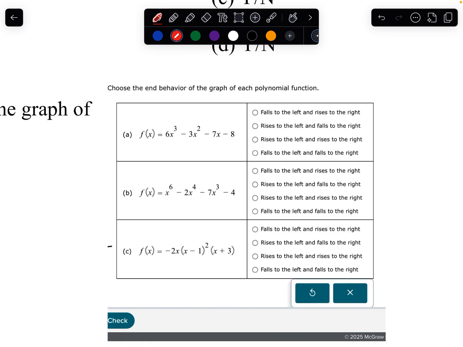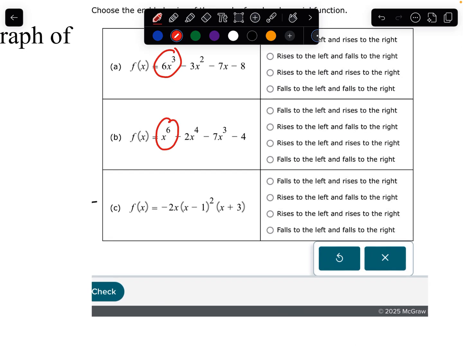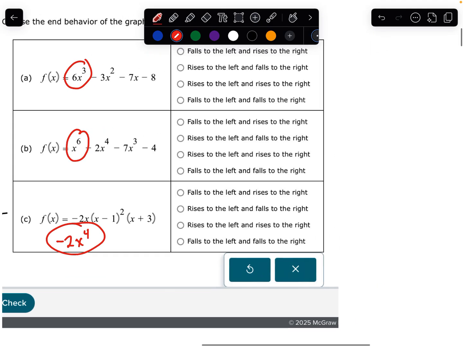So for A, it depends on this term right here, and then it depends on this term for C. Now this one's kind of tricky because this is in factored form, but I can see that the leading coefficient is -2, and then if I count how many x's there are, there's 1, 2, now this counts as 2 because it's being squared. So 1, 2, 3, 4. That means the leading term will be to the 4th degree. So this is what's important right here, these leading terms.